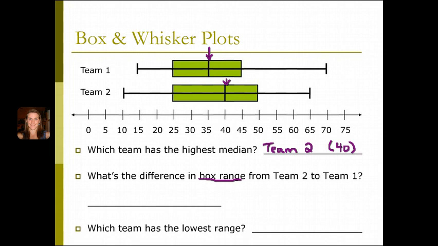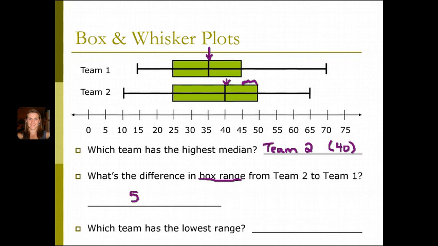Well, we could do all that work, or we could just look at the picture and notice that in Team 2, our box is 5 spaces longer than in Team 1. So this is going to have a difference of 5.